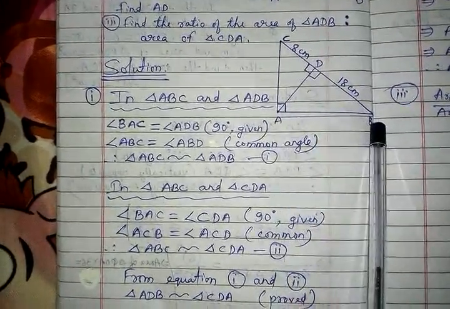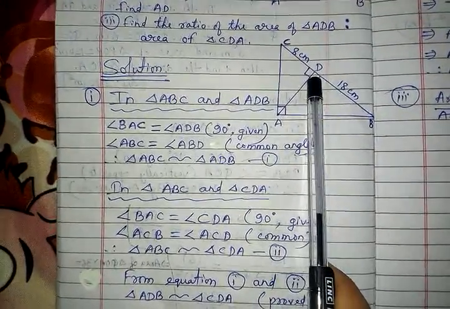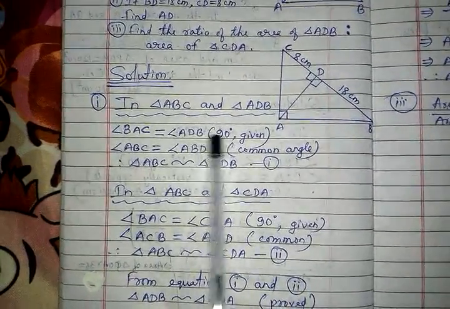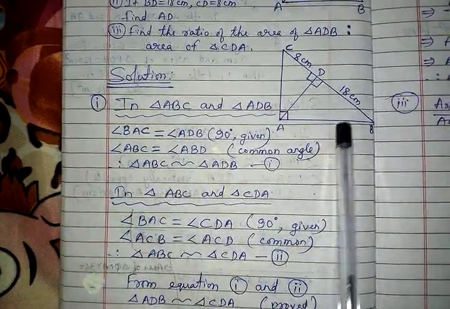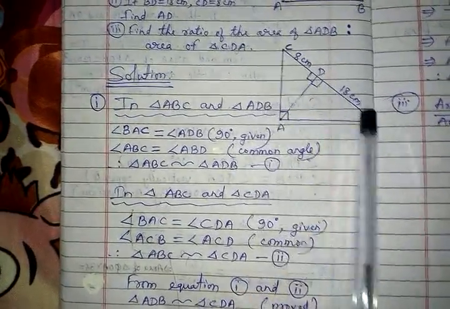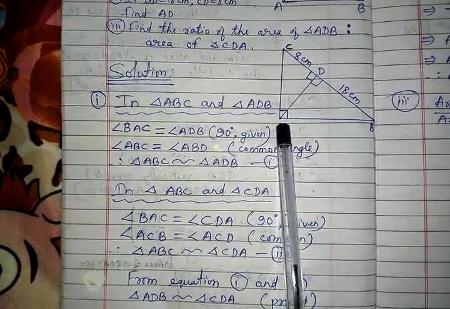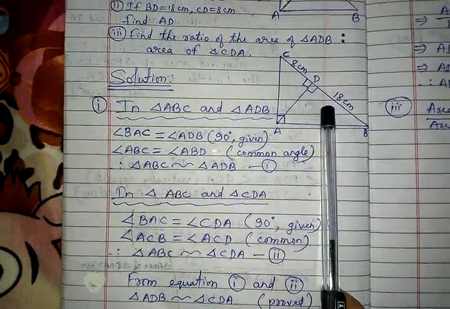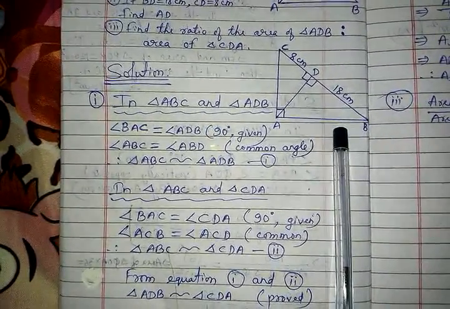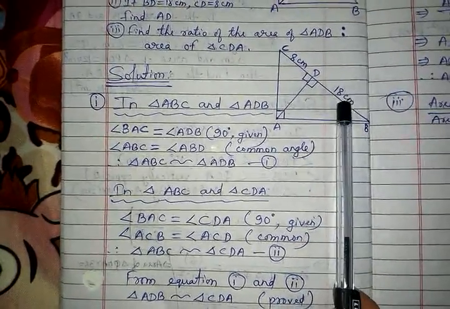So in the greater triangle angle A is 90, and in the smaller triangle angle D is 90. Also, angle ABC equals angle ABD. Angle ABC means angle B of the greater triangle, and angle ABD means angle B of the smaller triangle. So angle B is common in both triangles.